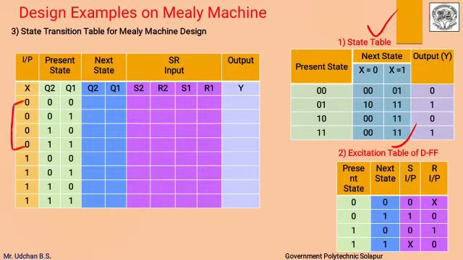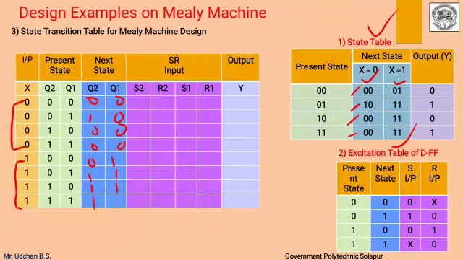This is value of x as 0. For that I will write the next state values as 00, 10, 00 and 00. Again write down the next state values when x is 1, that is 01, 11, 11, 11.